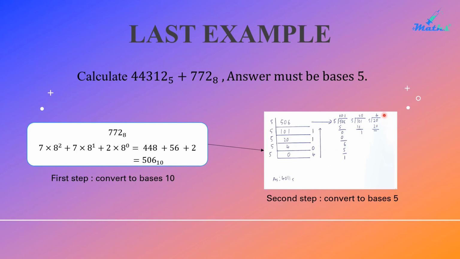So the answer is 4. Now the 4 is smaller than 5, so you can stop the division. Take the 4 and write the 0 below it, and you will get the answer, which is 4011 base 5.